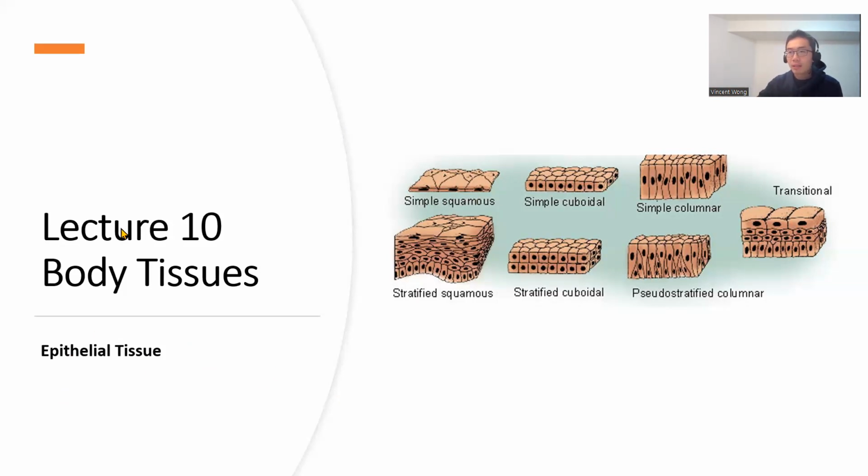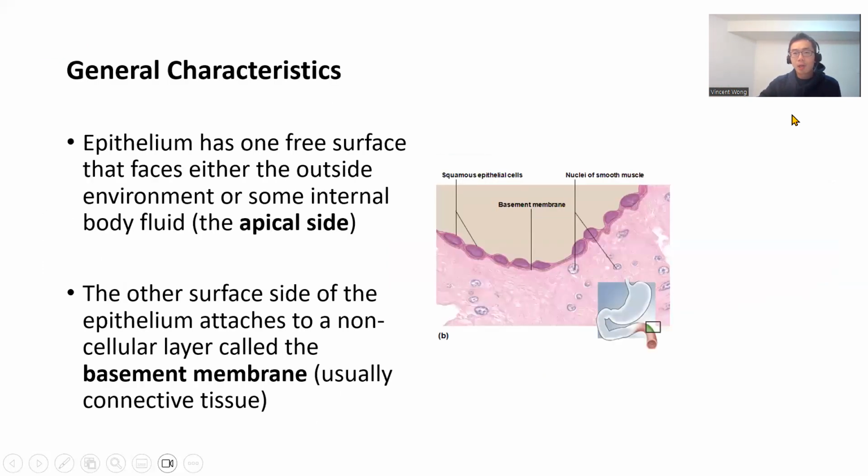And they come in different shapes. Some are flat, some are cube shaped, and depending on how many layers you have, we also give them different names. And so let's look at some common features or general characteristics of epithelial tissue.